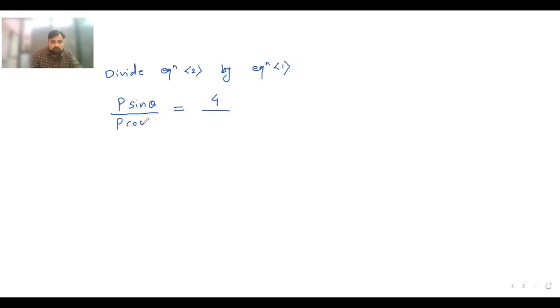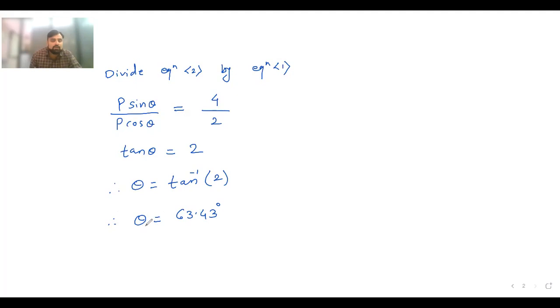Now this P will get cancelled. Sin theta upon cos theta is nothing but tan theta. So tan theta is equal to 2. Therefore theta is equal to tan inverse of 2. Calculate the answer: 63.43. So theta is 63.43 degree. This is the answer for theta.